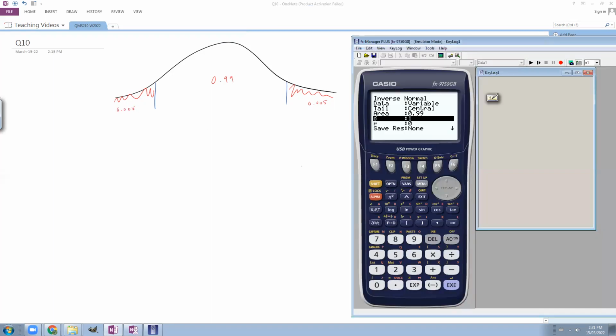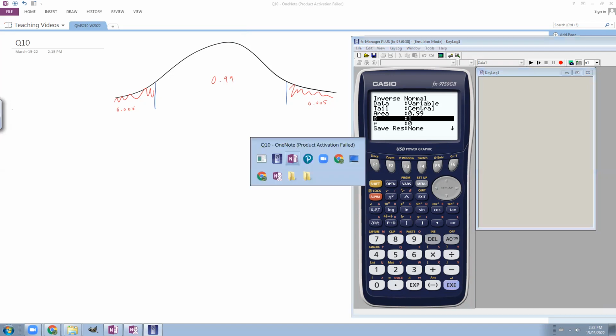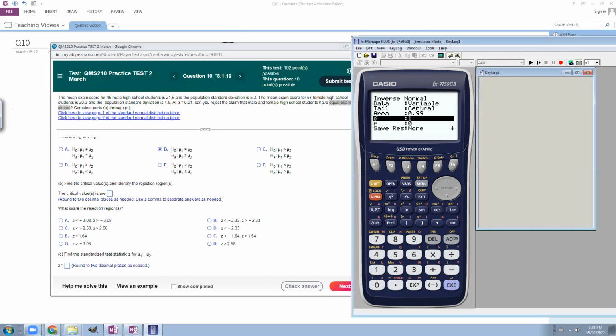So if we went here on a calculator and we put in right tail 0.005, that would get us the same critical value. I'm going to do center 0.99, but like I said, we could do right tail or left tail 0.005 and it would still work the same. It'll be fine either way. So we're going to run this and we're going to get positive and negative 2.5758.